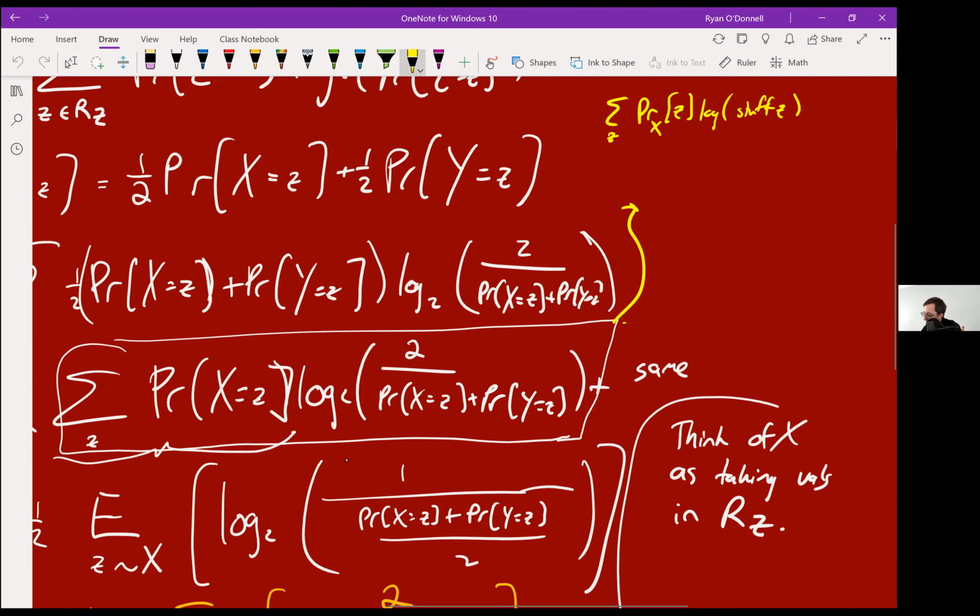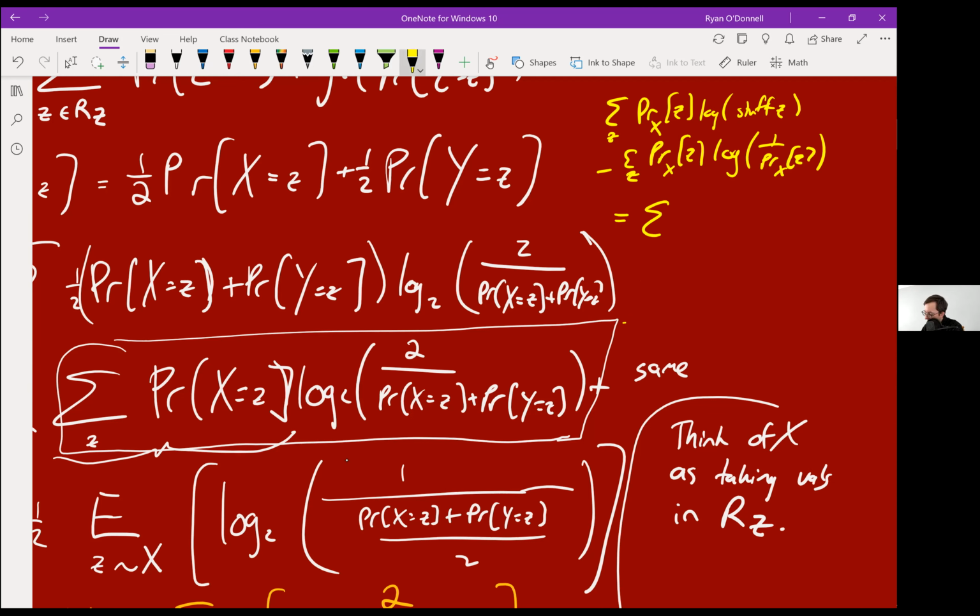And you can say, well, I really want to have entropy here, so I'll add and subtract something in order to put it there. So you can add the entropy of X and subtract the entropy of X. That's doing nothing, but when you subtract the entropy of X, you'll get minus the sum over Z of probability X Z log 1 over probability of X Z. And then you're like, oh, this is looking not so bad, because logs have these properties: you add two logs and it multiplies.